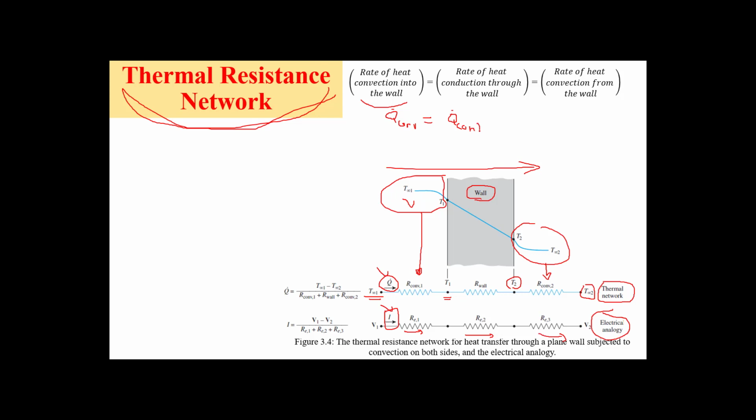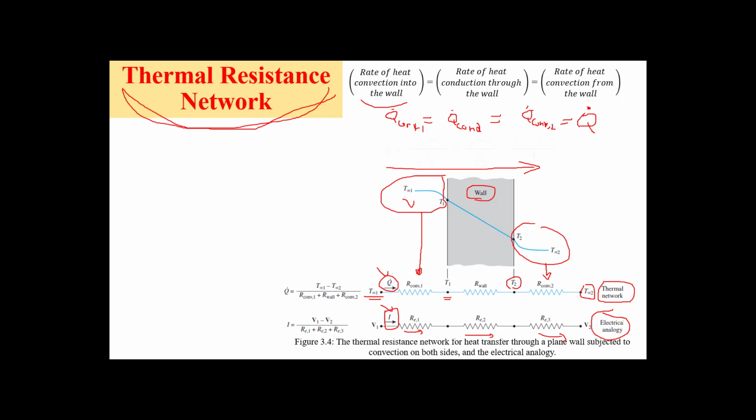Okay, same as the current, nothing changed, equal to Q dot convection, and this is Q convection 2, and this one is 1. And this is equal to Q, just Q, or you can name it as Q total.